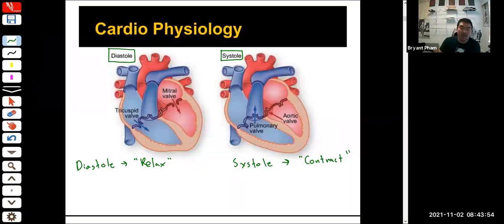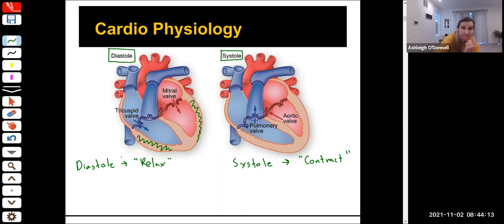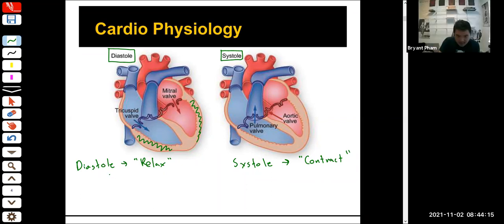So taking a look at this slide here, whenever you use the term diastole by itself, that refers to these structures right here. These structures are relaxing. What are those structures? The ventricles. So diastole means ventricular relaxation.